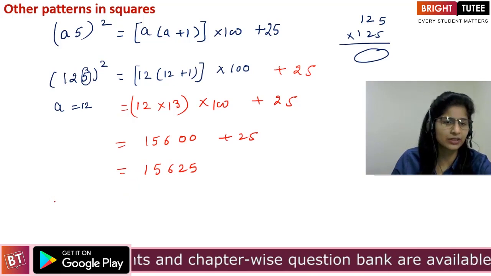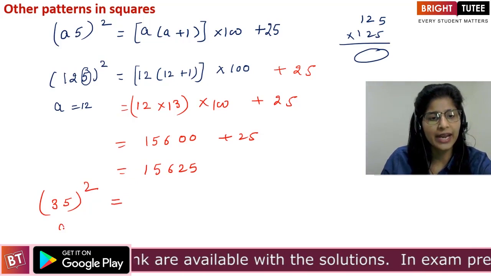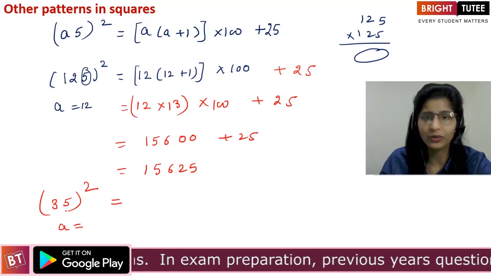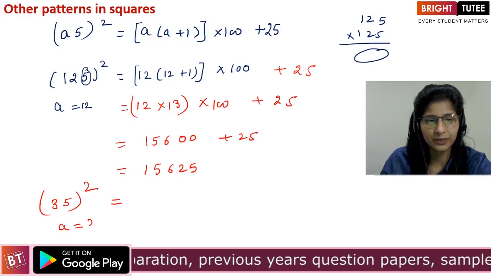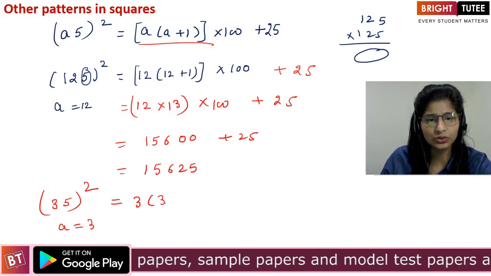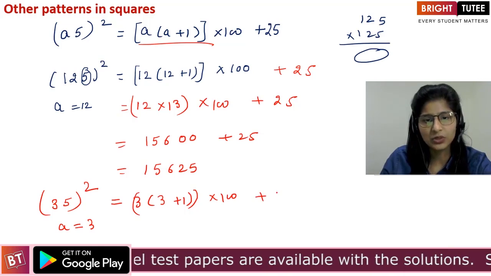Let us try it with 35. Suppose we have to find out the square of 35. A here is what? Can you think of A? Yes. Leaving 5, what is the other digit that is left? 3. A is 3. So putting in this formula, 3 into 3 plus 1 multiplied with 100 plus 25.